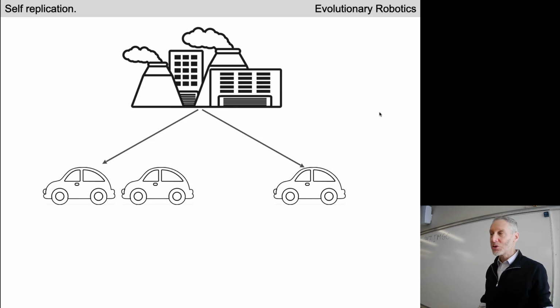So, traditional manufacturing, or most manufacturing today, if you want to manufacture large numbers of things, like automobiles, you build this thing called a factory. That thing is a thing that makes the thing that you want.